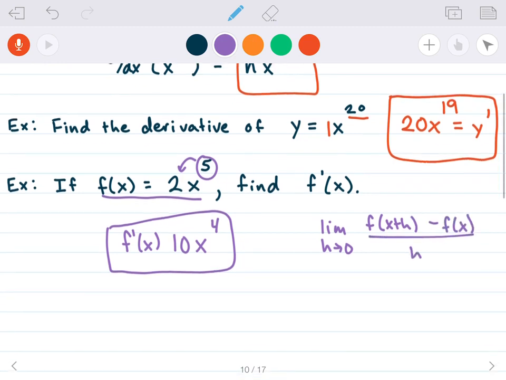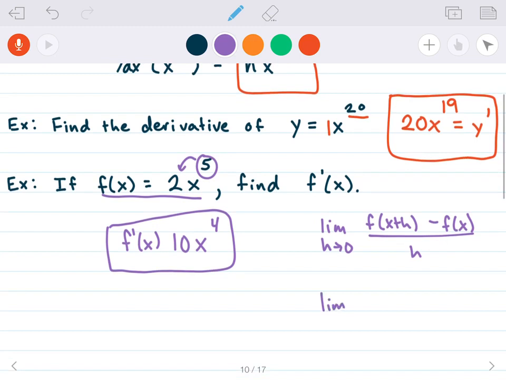The way we would set this up, I'm not going to evaluate it, but if you don't believe me, you should: f of x plus h, we have 2 times x plus h to the 5th minus 2x to the 5th all over h. That's going to take a while because it's to the 5th, but that's how you do it. And at the end, you should get 10x to the 4th as your derivative.